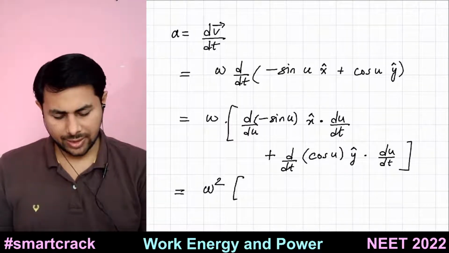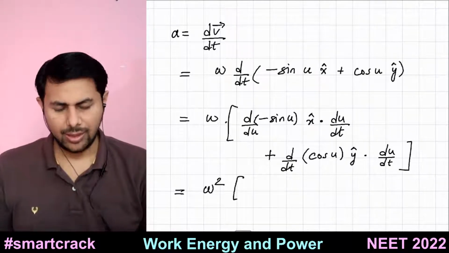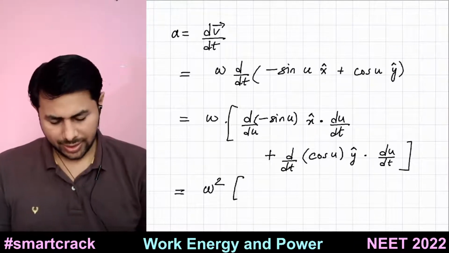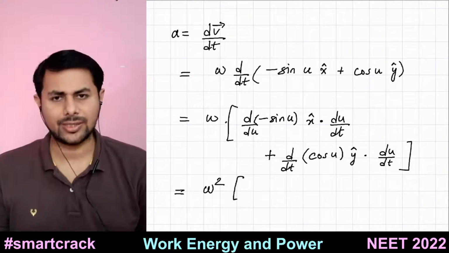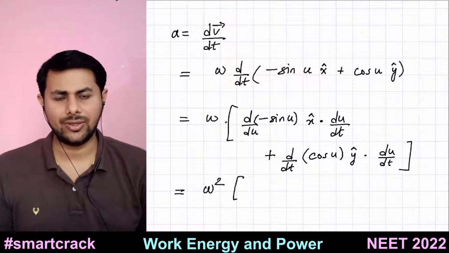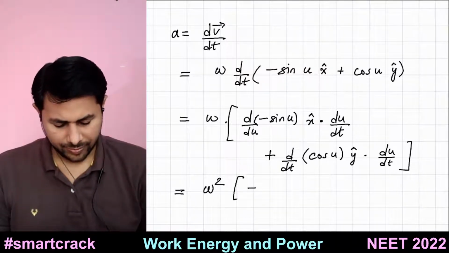And what is du by dt? Because u is omega t, du by dt is omega. So you take that omega out, then you are left with only these derivatives. So what is the derivative of minus sine u? Minus sign you can take out, its derivative of sine u with respect to u is minus cos u.